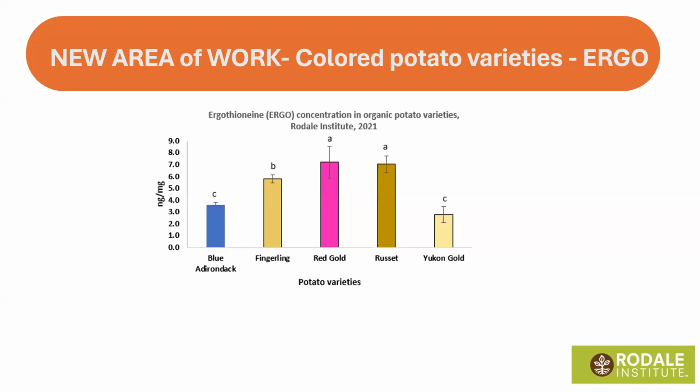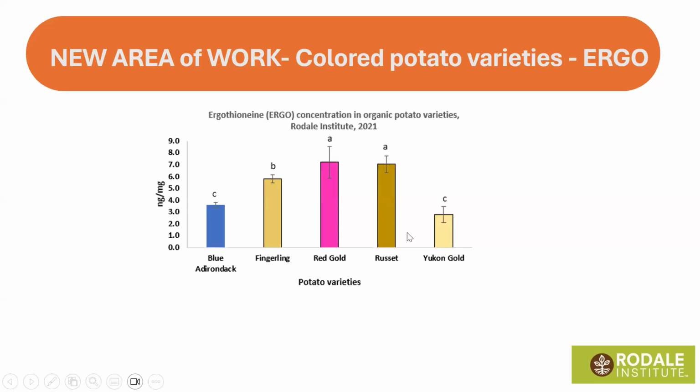And you could see here red gold was the highest, as well as russet potato, in ergothioneine, followed by fingerling and blue Adirondack and Yukon gold. These two, red gold and russet, had the highest ergothioneine without adding any additive or mycorrhiza or anything.